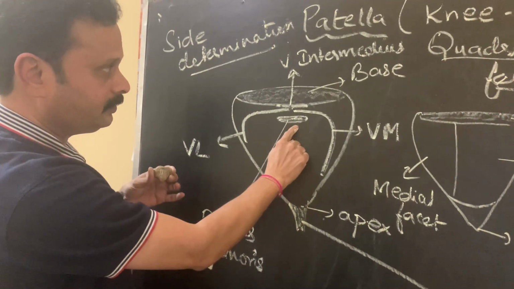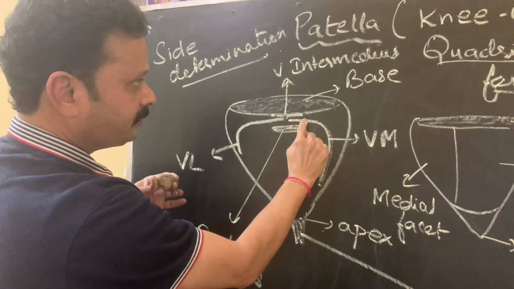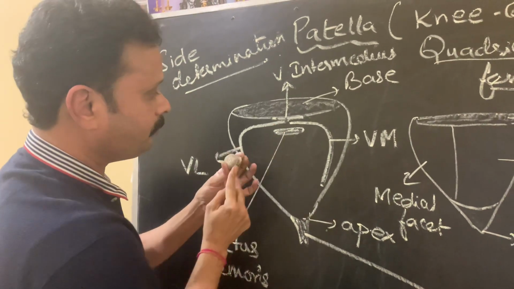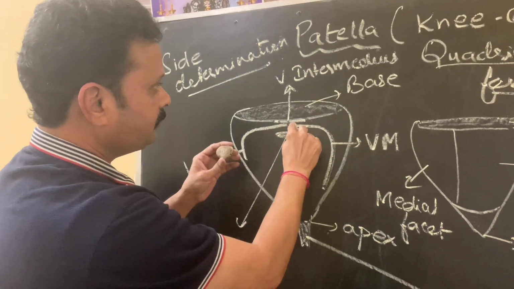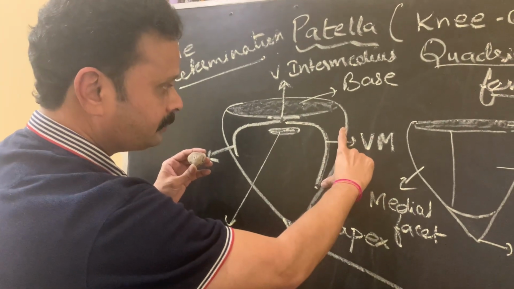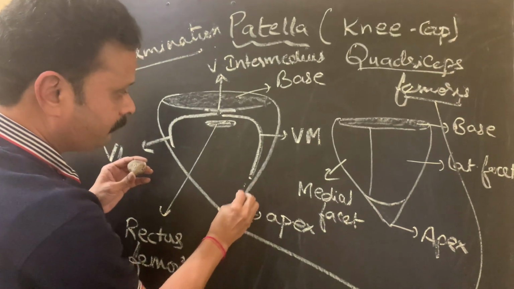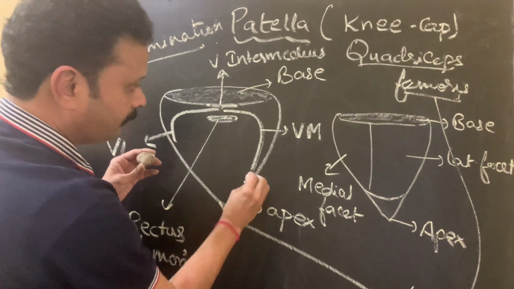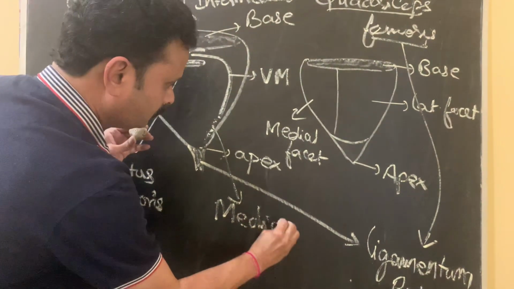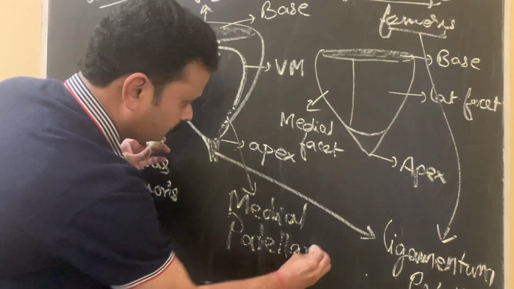This is followed by the vastus medialis, which extends along the medial border and the lateral border. Like this is the medial border and this is the lateral border. This vastus medialis extends along the medial border in its upper 2/3, and the lower part is limited by the medial patellar retinacula.